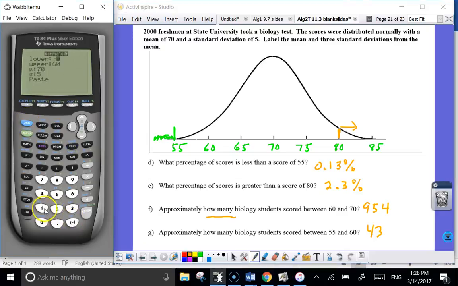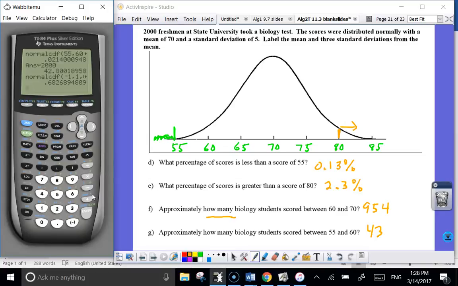I'm going to say -1, +1, use a mean of 0, this is a standard normal curve, and a standard deviation of 1. This should be the 68%. So let's see what we get. 0.6826. There's the first number.